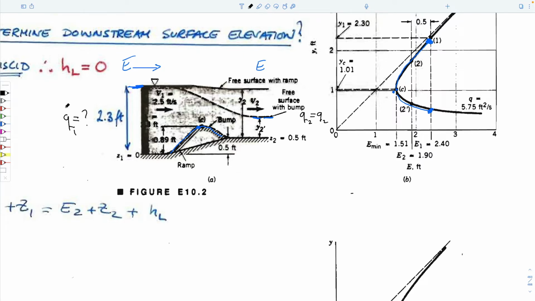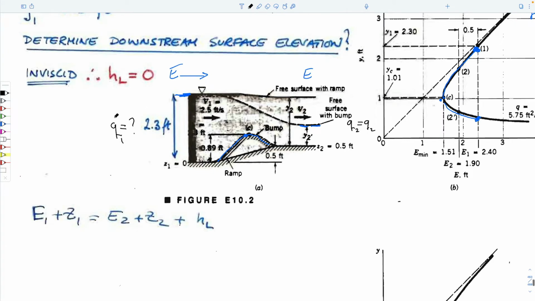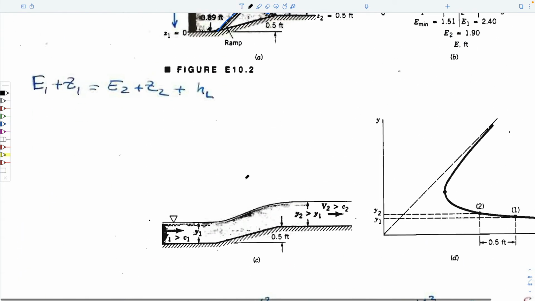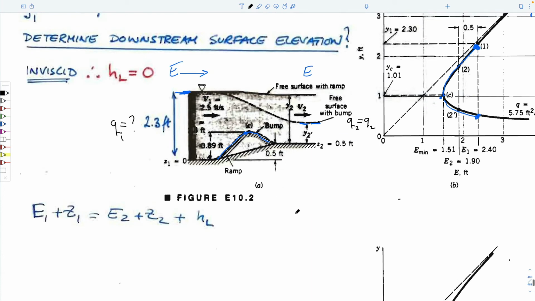Well, you could take this value of Q. You know that we can define a value of energy, which is just equal to the height plus Q squared over 2 times gravity times y squared.